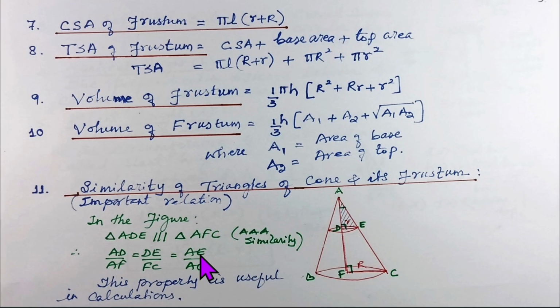Because they are similar, their corresponding sides are proportional. That means AD upon AF is equal to DE upon FC is equal to AE upon AC. So please remember this property, and it is very useful in calculations on examples related to frustum.